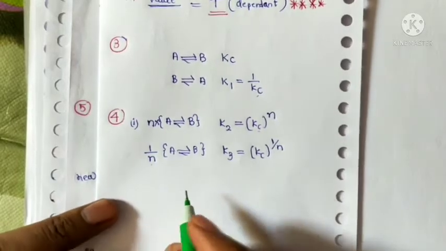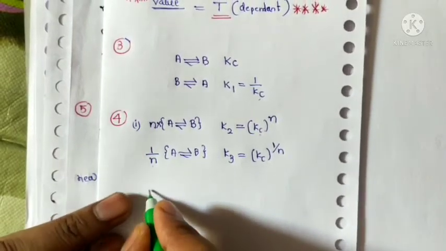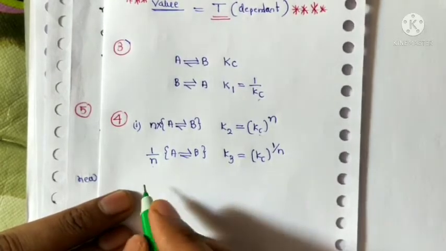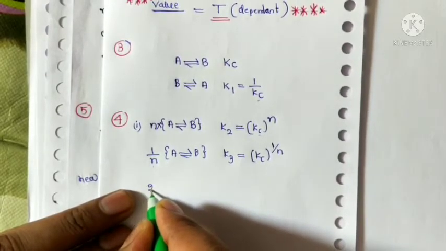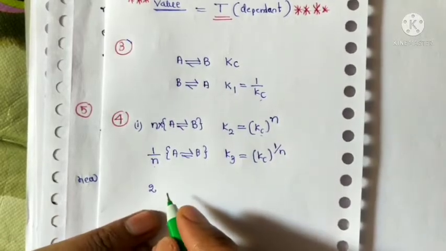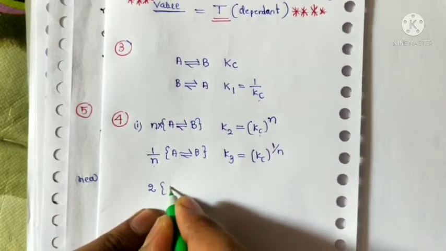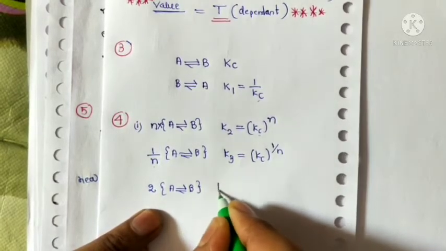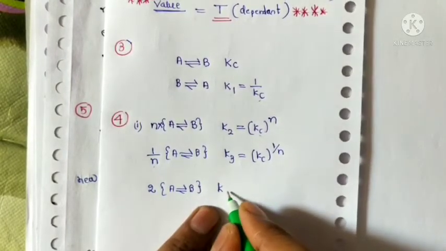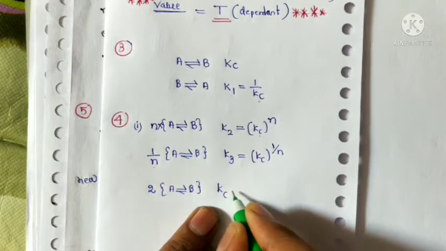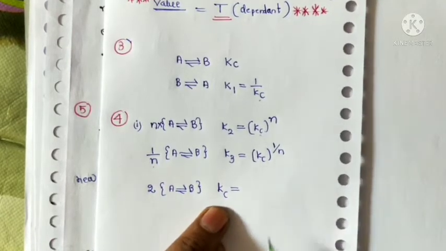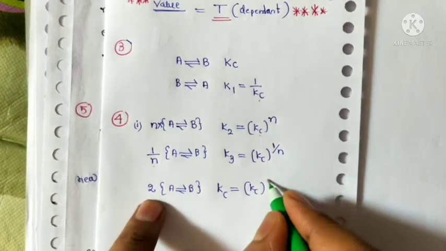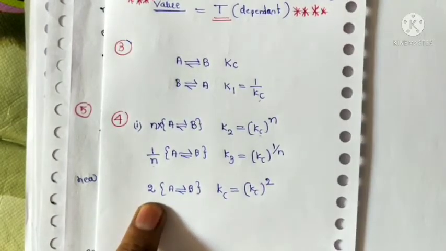Let's take another example. For example, the reaction is multiplied by 2. Okay, chemical reaction. So now the new equilibrium constant here is Kc to the power of 2.